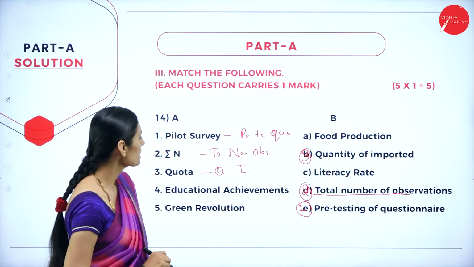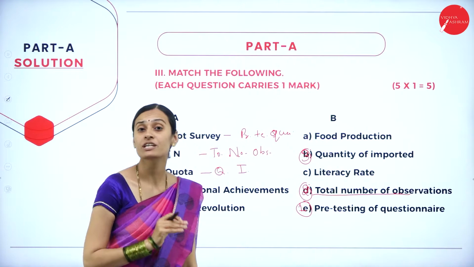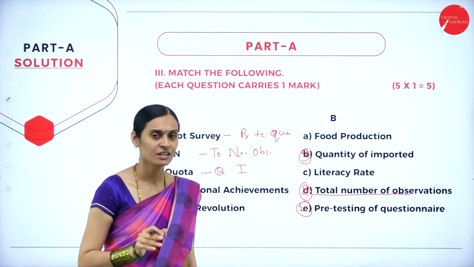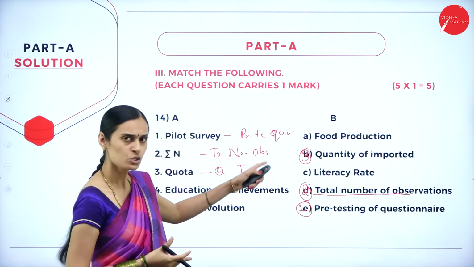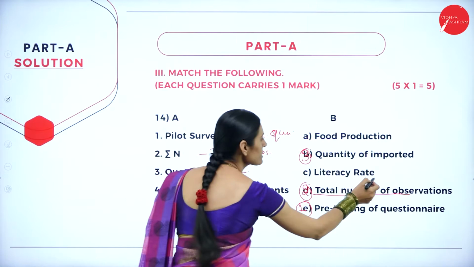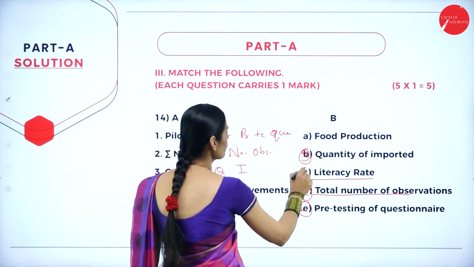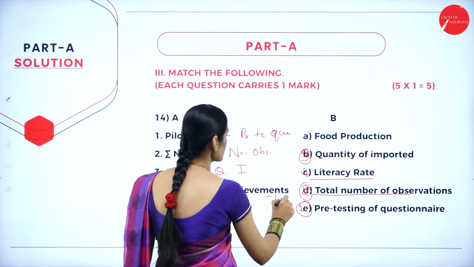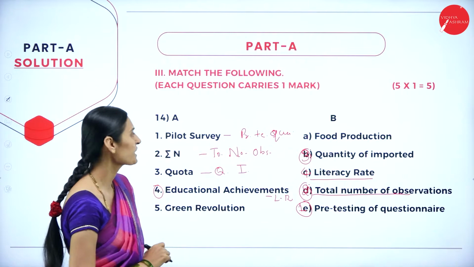Next, educational achievements. What are the indicators of educational achievements? Just remember that: adult literacy rate, then school enrollment rate. So which particular topic belongs to that? Of course, literacy rate. This will be the 4th. Next, green revolution.